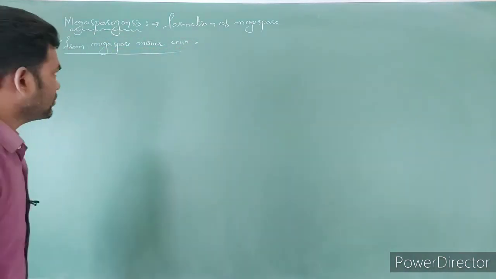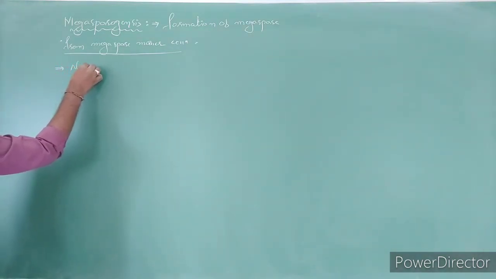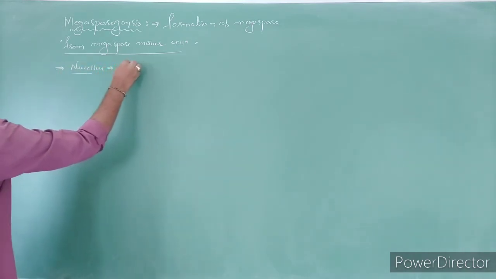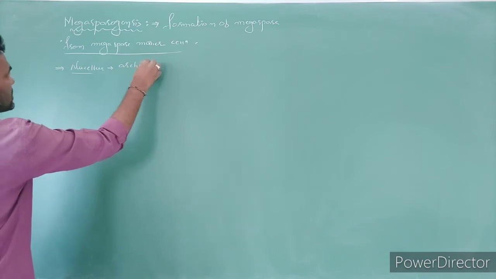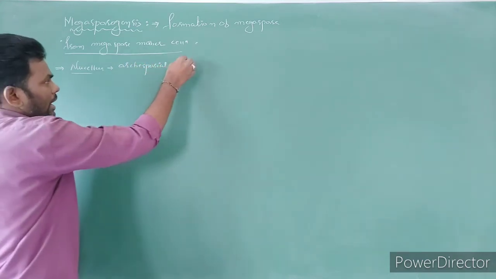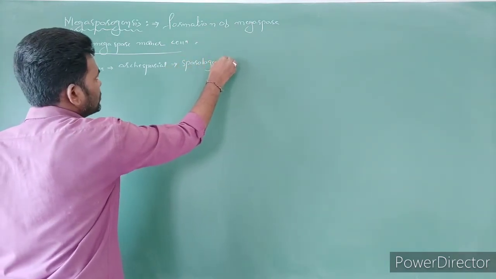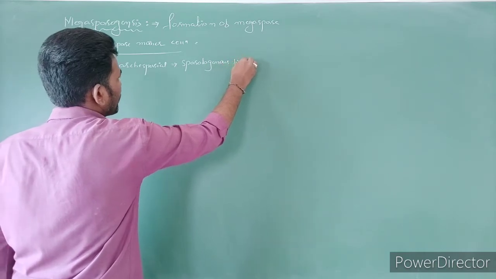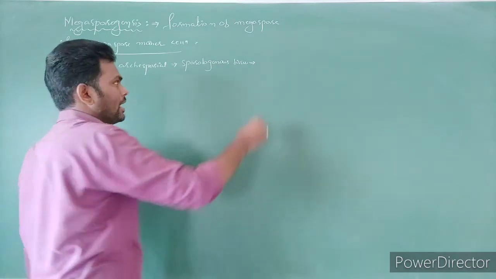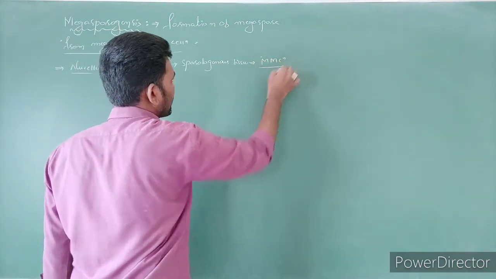Here, first, some of the parenchymatous nucellus cells are going to become archesporial cells. These archesporial cells become sporogenous tissue, and each cell of the sporogenous tissue is going to become a megaspore mother cell, MMC.